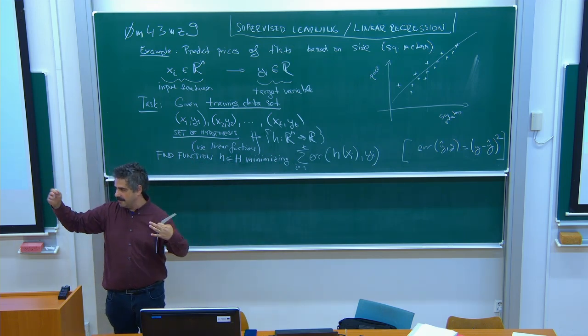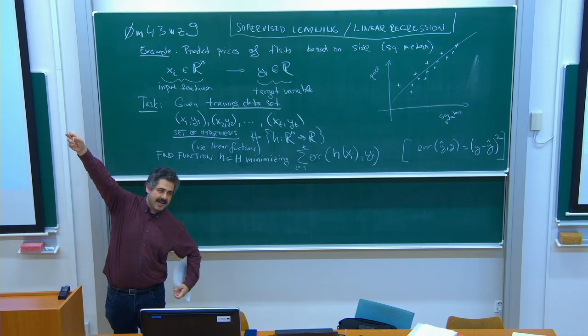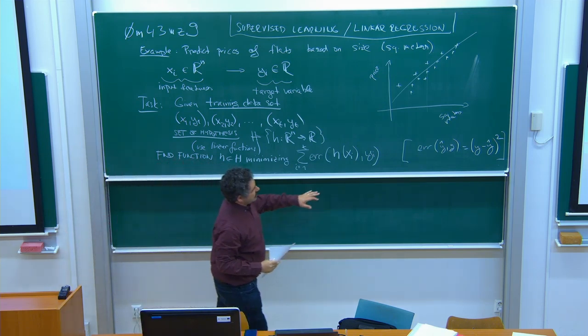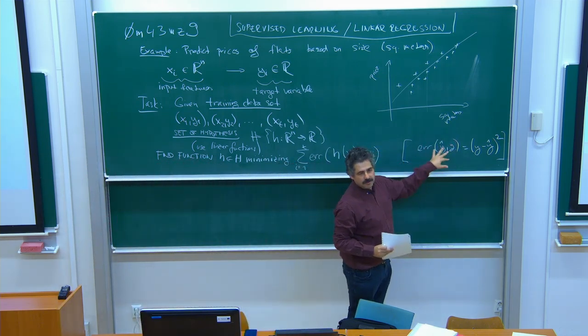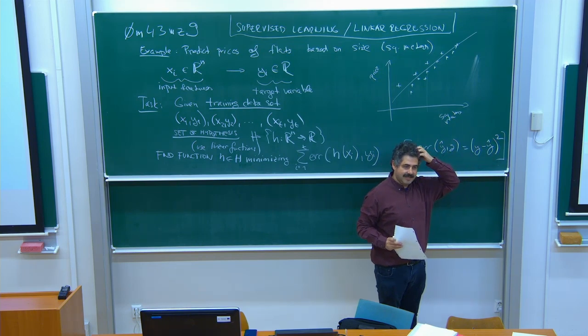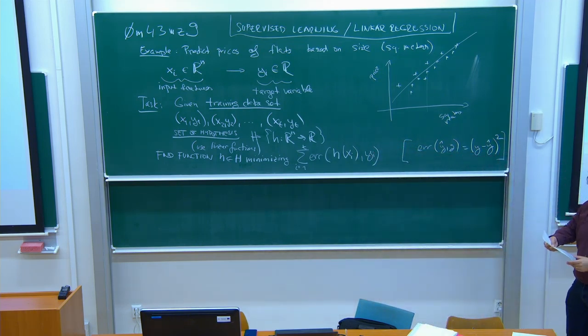If you sum them up, then it's going to be a big mess. So big error on one side and big error on the other side would cancel out. So you need to do something to make sure that all the errors are positive, and this is one of the ways of doing it. If you square it, then that's fine. There are other ways, and we will be discussing them later.